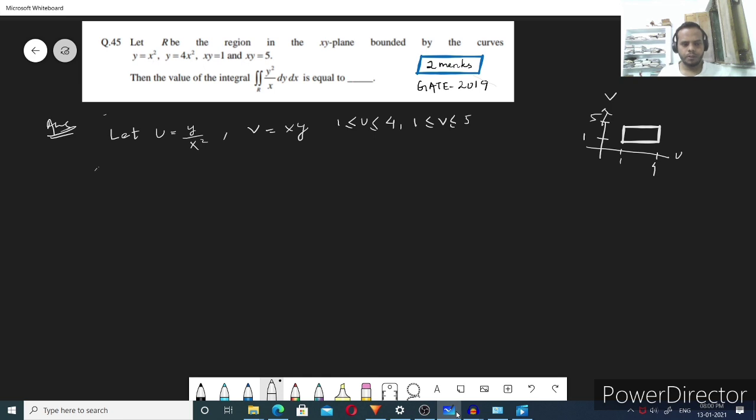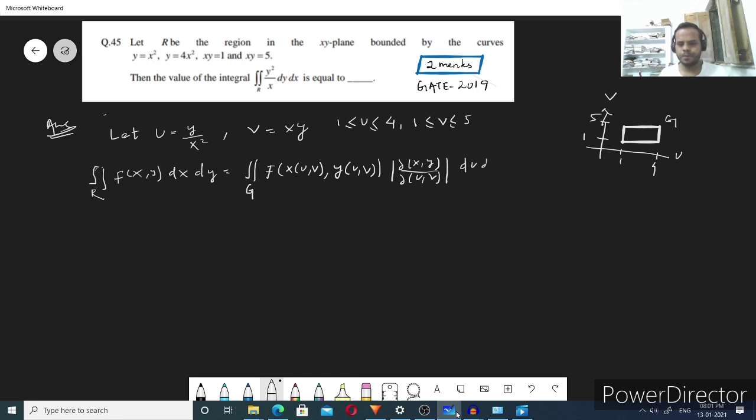So the formula for that is: the double integral over the region R of f of x, y dx dy equals the double integral of f, where in place of x and y I write their expressions in u and v, multiplied by the modulus of del(x, y) by del(u, v), du dv.